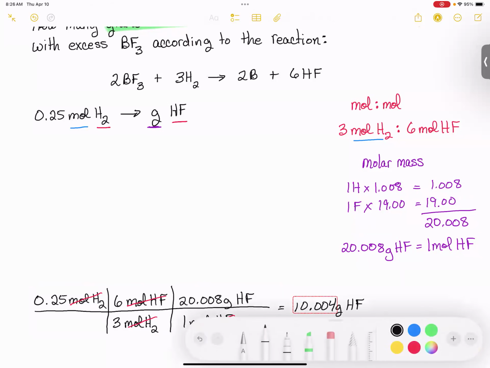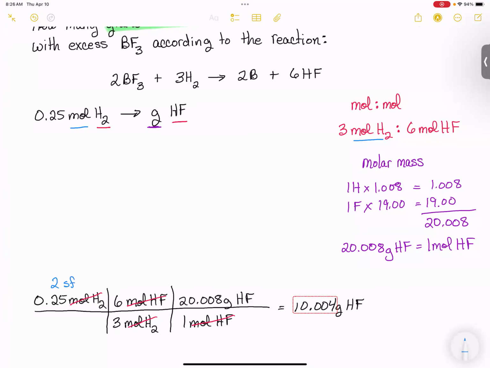Now, looking at significant digits, we started with 2 significant figures in our moles. The mole to mole ratio is an exact quantity, and therefore it has an unlimited number of significant digits.